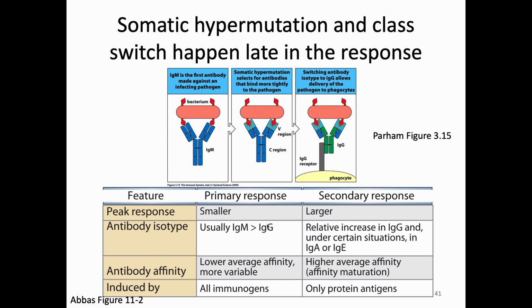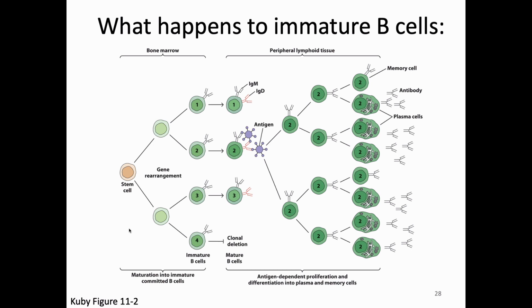Going to skip ahead for just a second. I could imagine that you might say, okay, I want to know more about the details of how these things work and exactly what's happening with somatic hypermutation and class switch. For a B cell to do hypermutation and class switch, there are a couple things that need to happen.